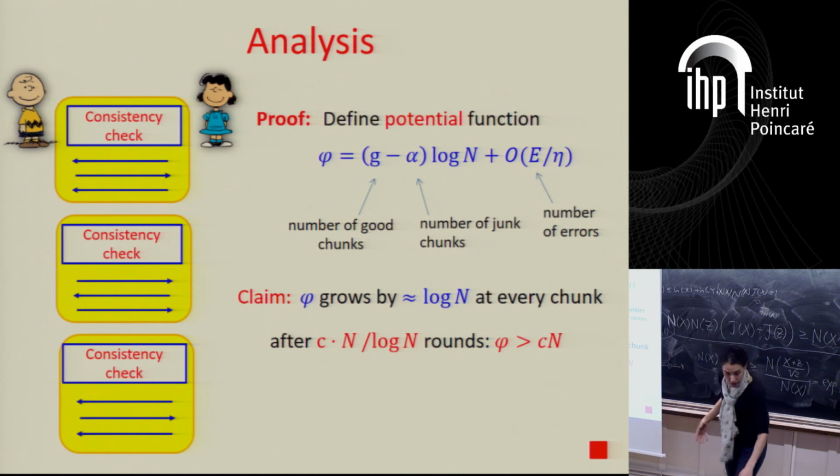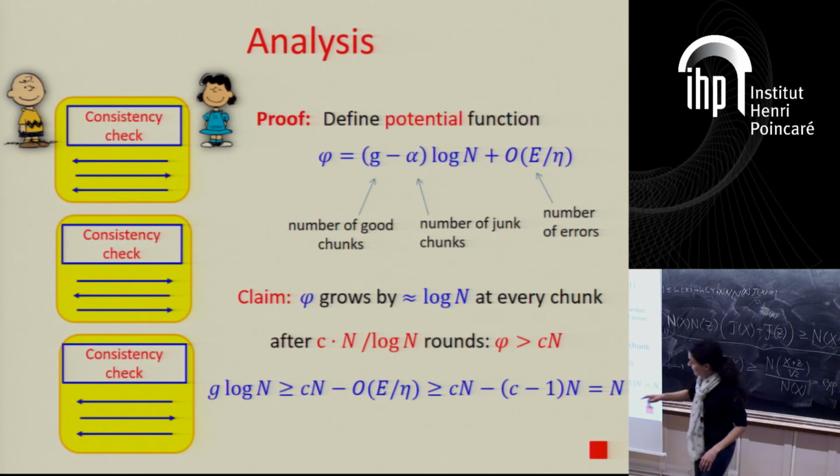And if the potential function is C times n, we're in good shape, because it means that G log n is at least big N. That means the number of good rounds is N over log N, and hence it's the entire communication.